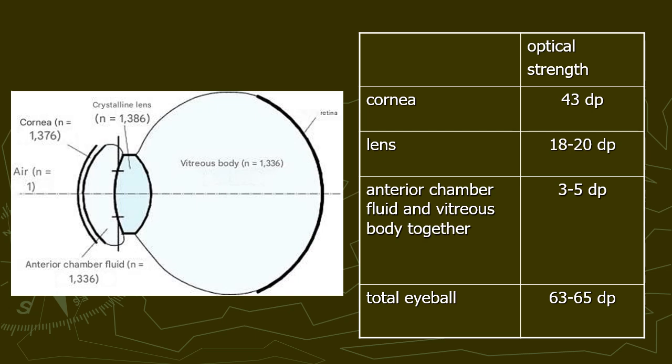So their optical powers are less than that of the cornea, because the cornea borders on air, and air has a much lower refractive index than the cornea. This explains why our cornea is characterized by maximum optical power.